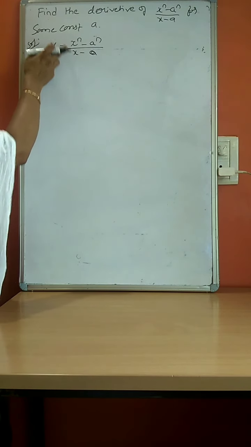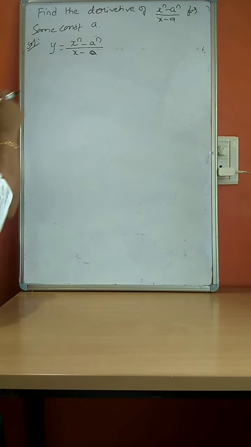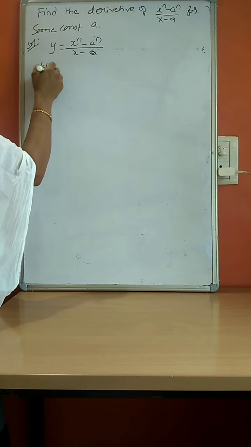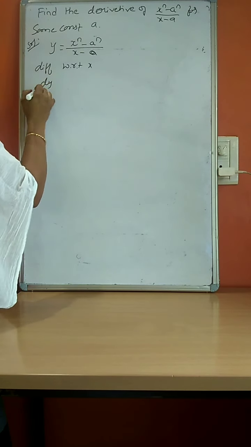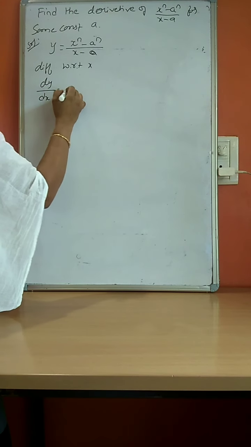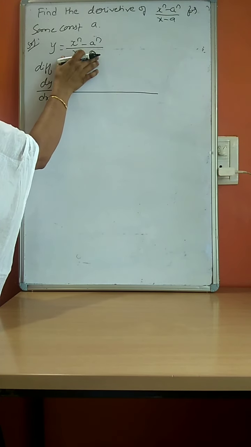See, observe which rule this is? Fourth rule. Fourth rule means what? Quotient rule. Differentiate with respect to x. dy by dx is equal to. How to differentiate?